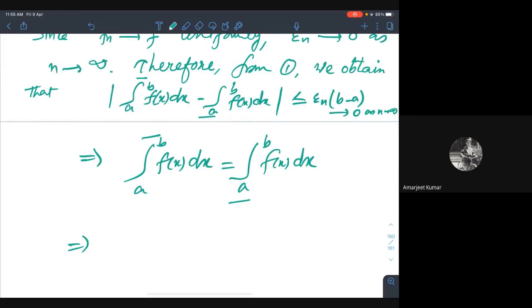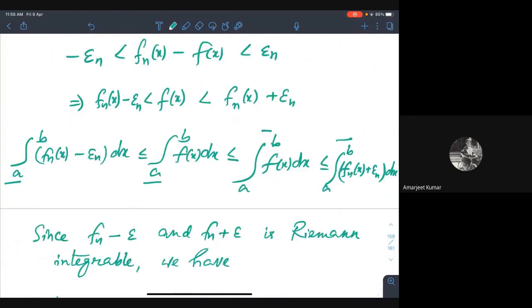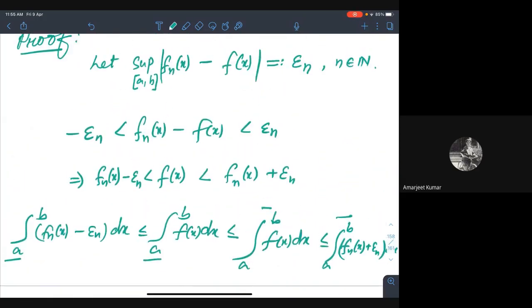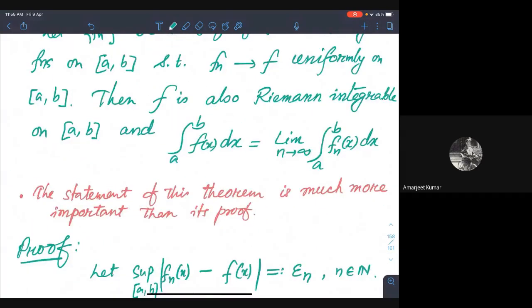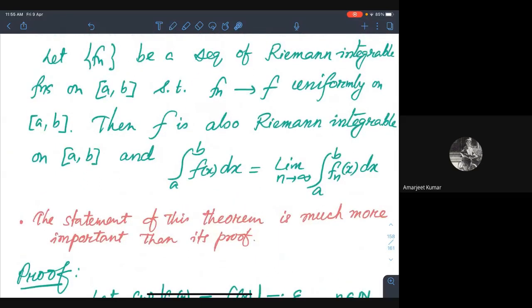This means f is integrable. Right? Is it clear? There is nothing much, you just need to use the inequalities. Two inequalities, nothing else. So we proved that f is Riemann integrable.